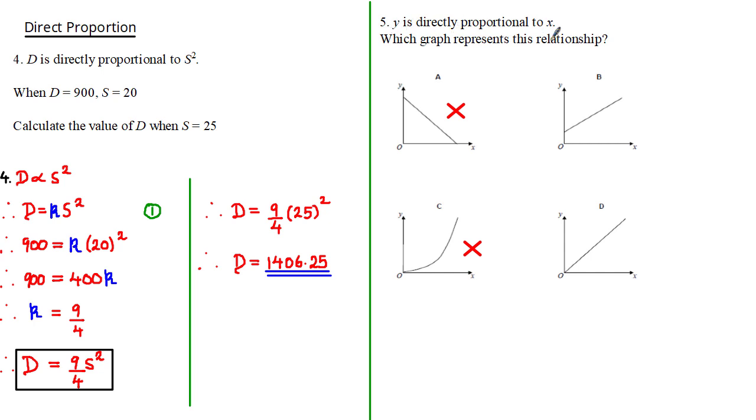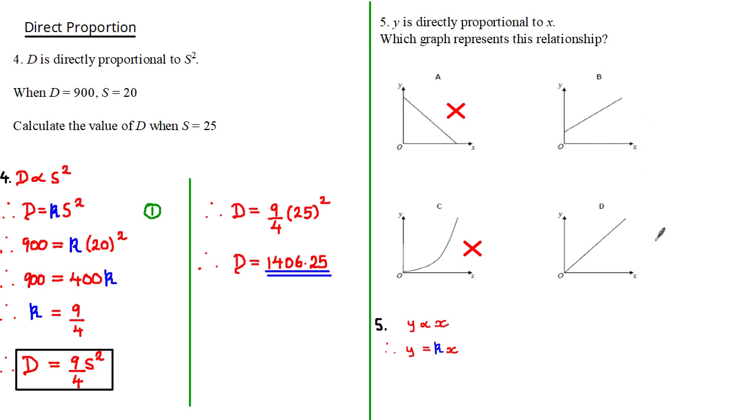Now, given that y is directly proportional to x, we can write this as follows: y ∝ x, and therefore y is equal to k times x, where k is our constant of proportionality. So this is the equation that holds for any pair of linear variables that are directly proportional.